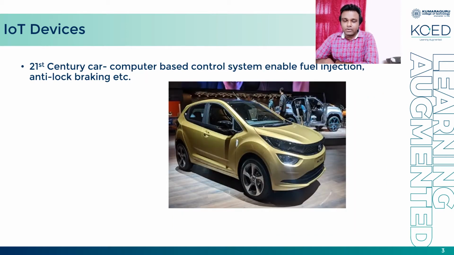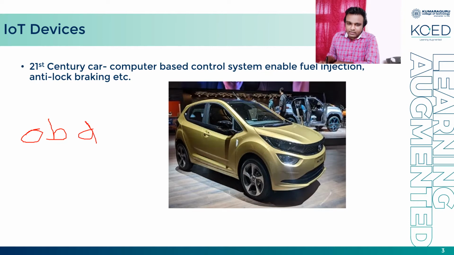If you take a 21st century car, you will have everything under electronic control. Even if there is a problem in a particular thing, the first thing that is going to blow out is the fuse, or it can be configured using electronics, with a computer connected to the car. There are dedicated devices in the car, such as OBD devices, that is, onboard diagnostic devices, so that we can monitor each and every parameter inside the car.